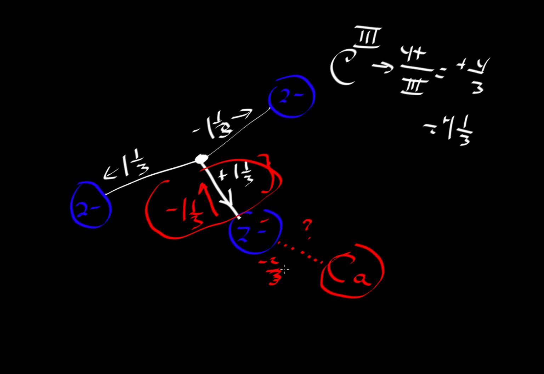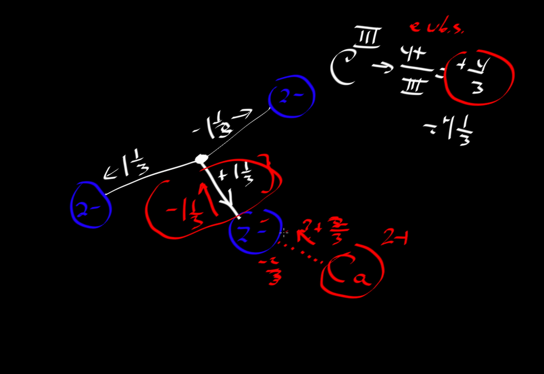That's a minus 2/3. That will allow calcium of its 2 plus charge to send a positive 2/3 charge in that direction towards oxygen. But the big issue here is, remember, the electrostatic valence bond strength, EVBS, is proportional to this ratio here, the charge divided by the coordination number.